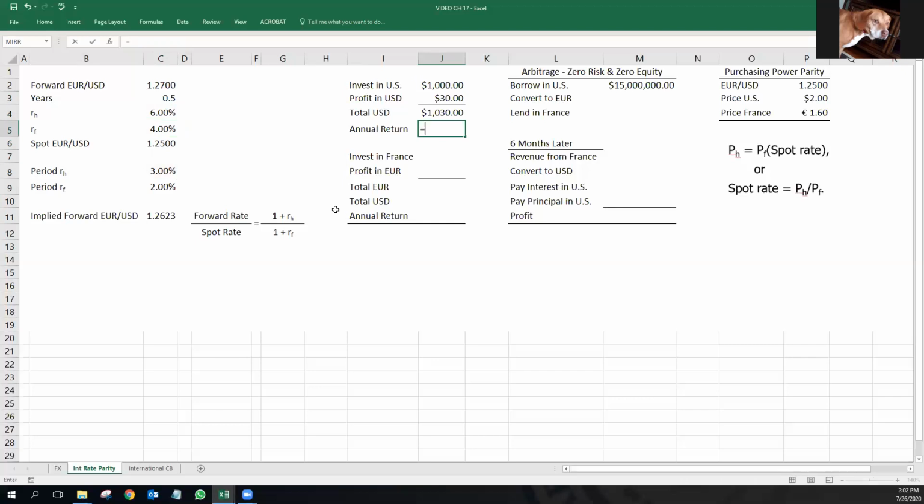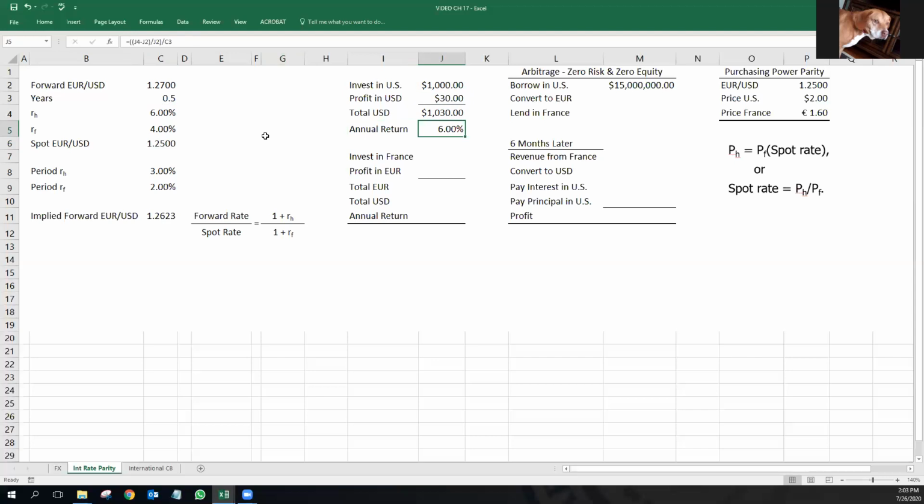Your annual return is the new minus the old, divided by the old. That's 3% because of the $30, but we are looking for the annual return, so if that happened in 6 months, you multiply by 2. In this case, multiplying by 2 or dividing by 0.5 years gives you the same amount. So I make 6% a year, the equivalent yearly return.